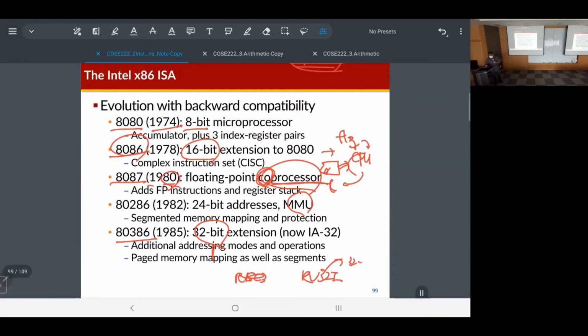So Intel supports the 32-bit instructions with the 80386. It's called IA32, which is the base instruction set of Intel 32-bit computers.